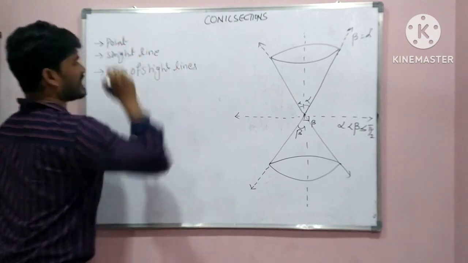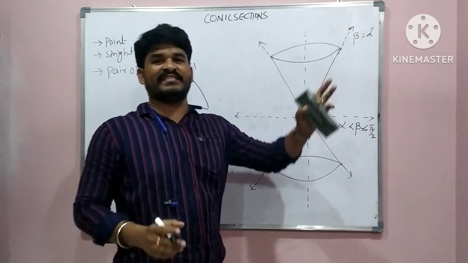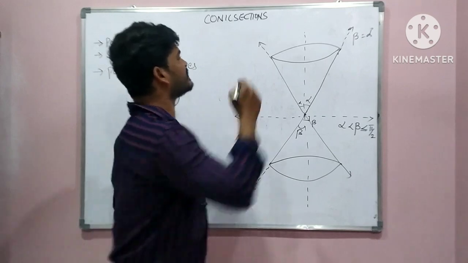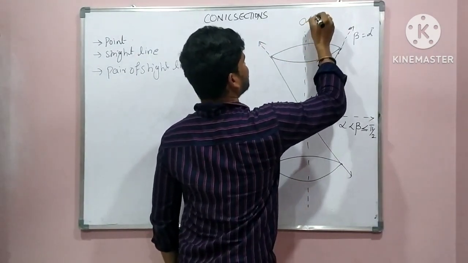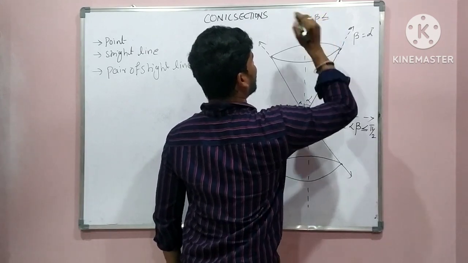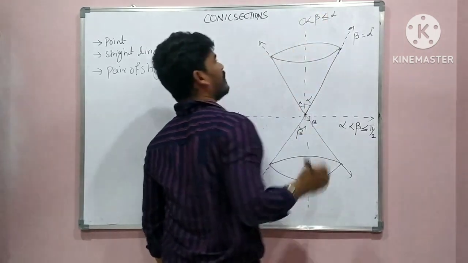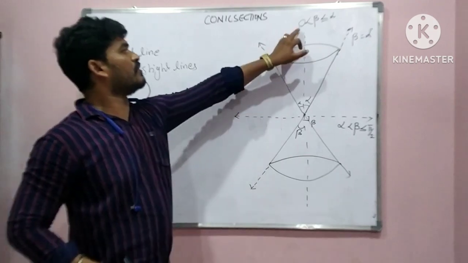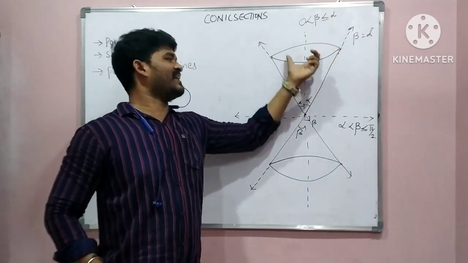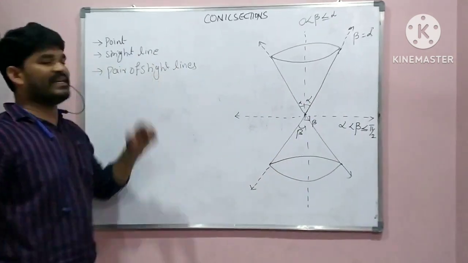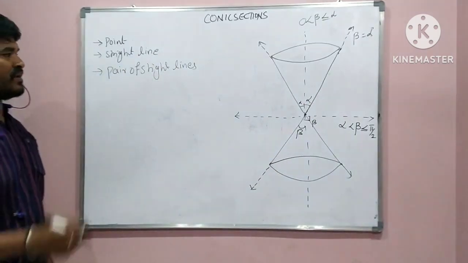This angle is 0 less than beta less than or equal to alpha. When we cut the cone at this angle, we get a pair of straight lines.